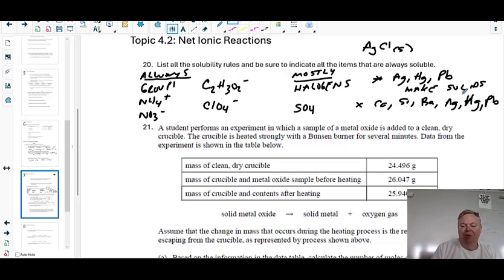So it's technically group 2 and the same ones as for the halogens. Those are the exceptions. Those are mostly always soluble, the exceptions make them solids. Other than that, everything else would be soluble in water.